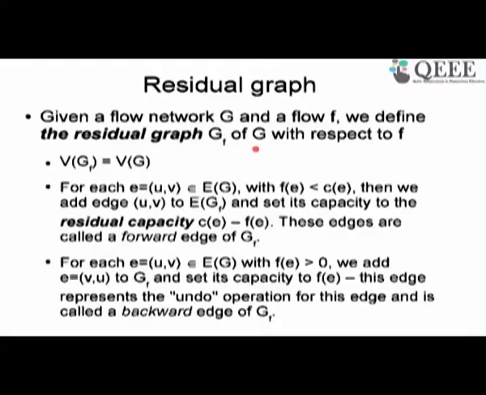So given a graph G, I can construct a new graph which is called the residual graph G_f. Okay. Why am I writing G_f? Because the residual graph is defined with respect to a flow f. Given a graph G and a flow f on that graph, I can create a residual, a balance graph.